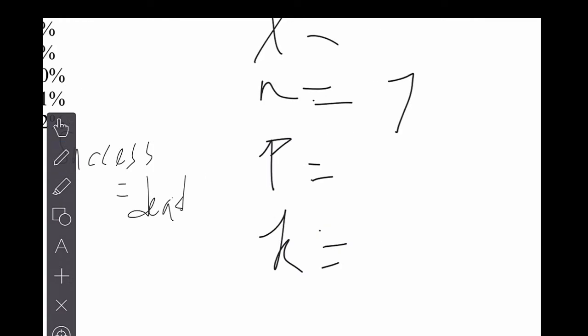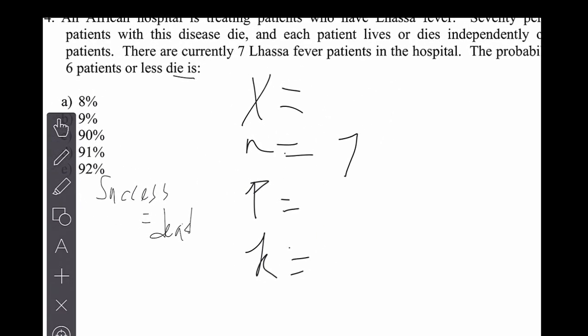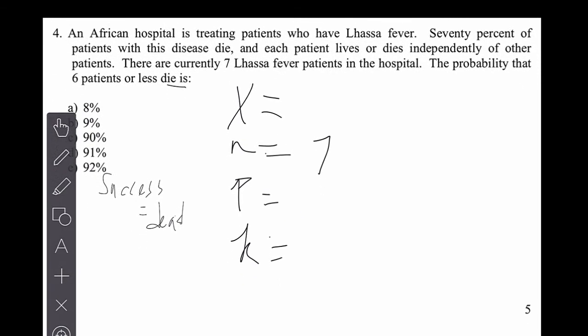So it sounds strange, but that's what I'm looking for, if they're dead or not. So X can be no one died, which would be great. 1 person died, 2 people died, 3 people died, 4 people died, 5, 6, or 7 people died.